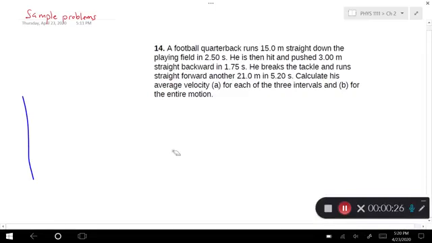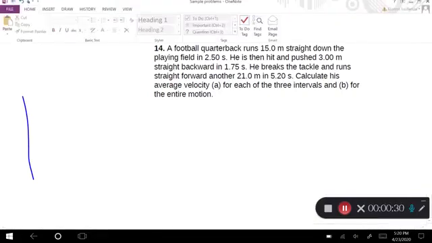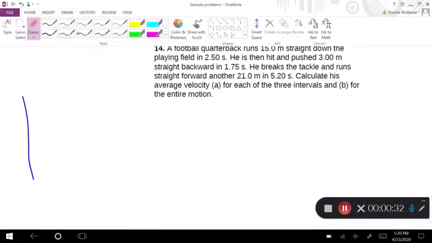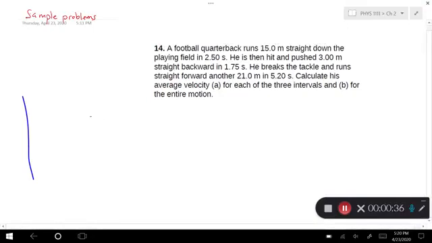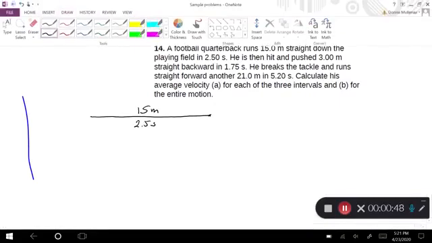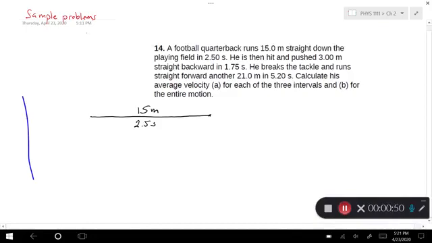So you have a football quarterback that runs 15 meters. So let's say that this quarterback runs an initial, from here, 15 meters going straight down the field in 2.5 seconds.